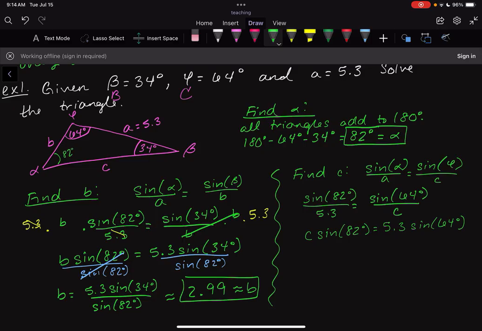I'll divide by sine 82, so I get C is equal to 5.3 sine 64 degrees divided by sine 82 degrees.